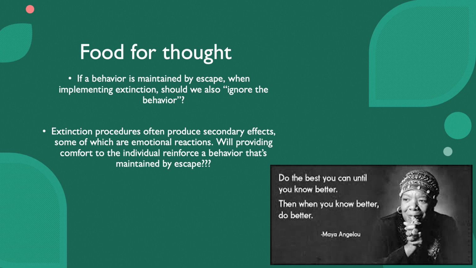Give it some thought. If the behavior is maintained by escape, providing attention is not reinforcing the behavior. I mean, not the problem behavior. I'm not talking about providing attention for the problem behavior. I'm talking about providing attention for those emotional reactions, if they're crying, if they're sad, if they're expressing that maybe they want this to be over.